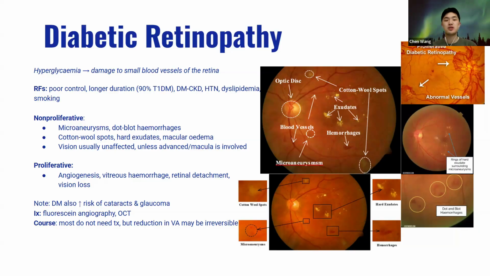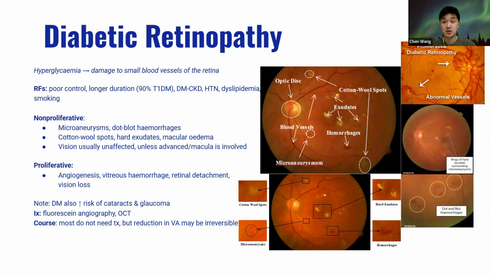So quickly, we'll gloss over diabetic retinopathy. There are two main manifestations, which are non-proliferative and proliferative. For non-proliferative, you might see microaneurysms, dot blot hemorrhages, cotton wool spots, hard exudates, and edema. And for proliferative, you might see some vitreous hemorrhage and retinal detachment.